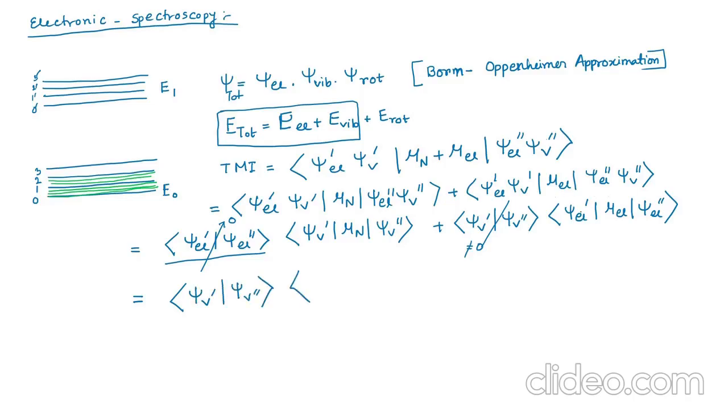and I can write the electronic part separated out into the orbital, spatial, and the spin part.